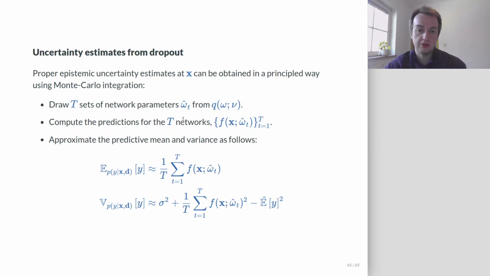You would compute the predictions for these T networks, and then you would approximate the posterior predictive distribution. From this you could compute statistics like the first and second moments: the mean would be simply the empirical mean, and the variance of the output would be given by the variance of the predictions plus sigma squared, which is the irreducible noise that you would assume here.